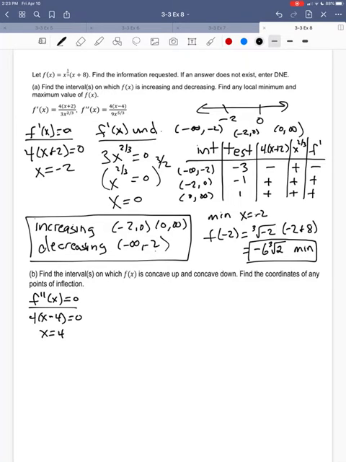And then I also want to look for where f double prime of x is undefined. Since it's a fraction, that's where the bottom is going to be undefined. Divide by 9. Take the 3/5 power of both sides. And I just get x equals 0.